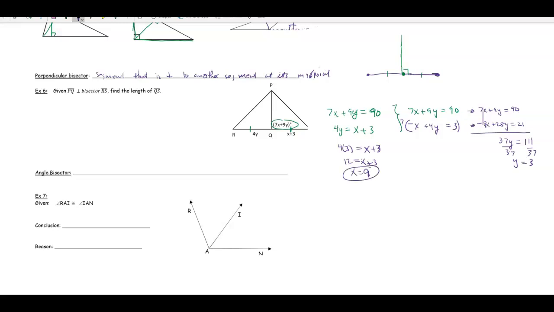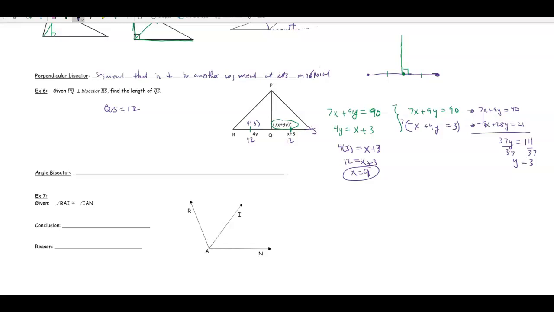So now to find the length of QS, if this is S right here, all I'm going to do is say the length of this is 4 times 3, which is 12, which means this segment would be 12. So QS would be 12 units long. All right.